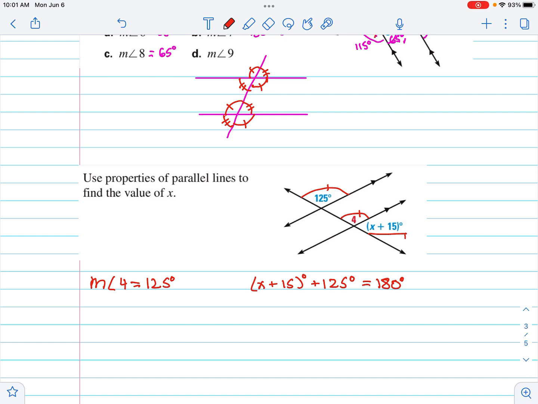Okay, so let's see what we have here. We have x plus 15 plus 125, that's going to be x plus 140. And then x is equal to 180 minus 140, that's 40 degrees. So it looks like x is equal to 40 degrees.